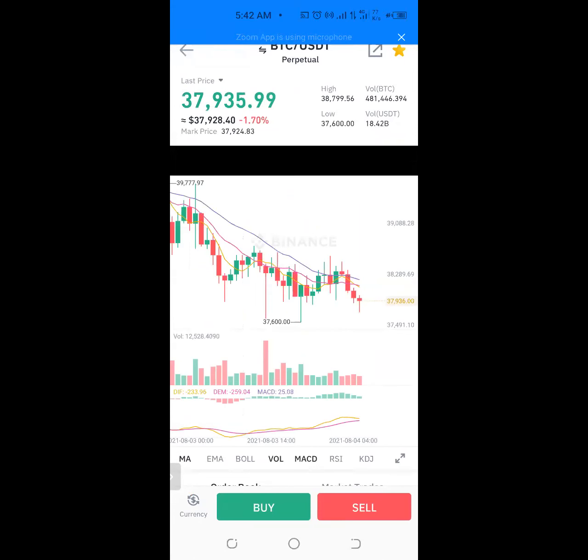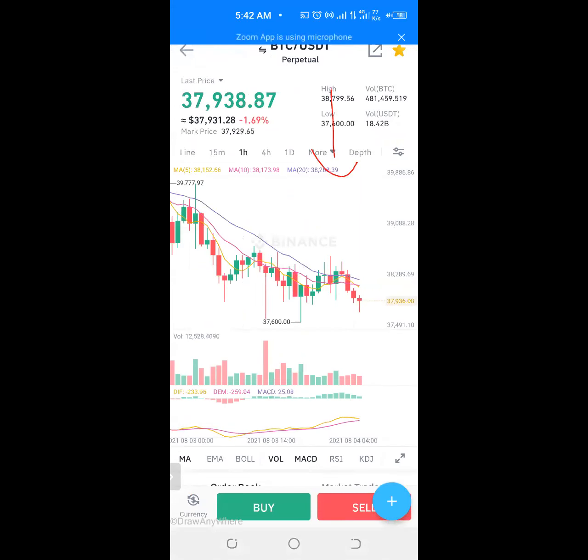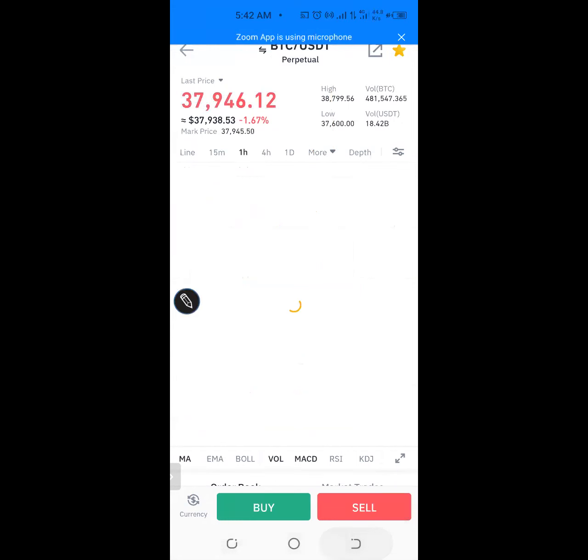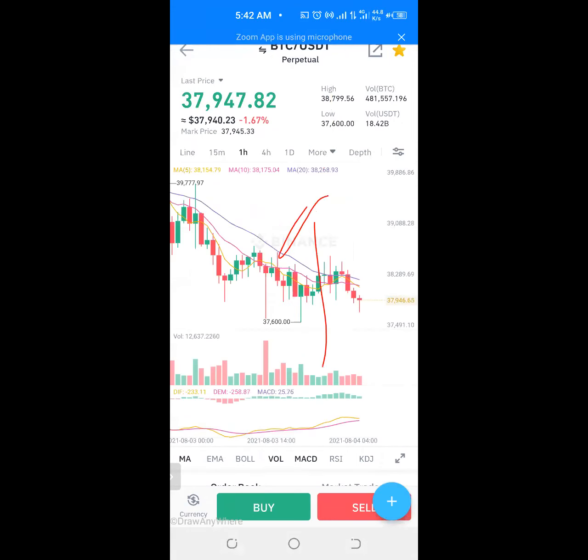Here, if the value of Bitcoin is going down and I sell in the futures market, as the value of Bitcoin is dropping, I will be making profit because I'm speculating on the price. I am not owning Bitcoin. I don't own it, but I speculate on the price of Bitcoin. So if I buy Bitcoin and the price of Bitcoin is going up, I still don't own Bitcoin, but I am speculating on the price of that Bitcoin.